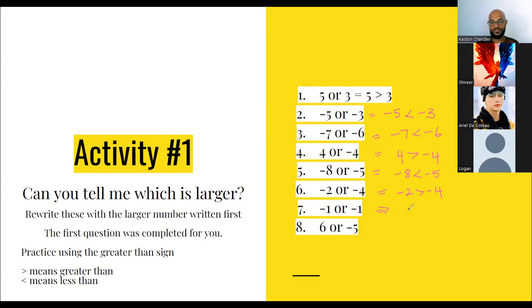Very good. And what about 6 or -5? 6 is greater than. Excellent, very good. So you'll have the hang of it. Good job. All right, so just double check your answers. If you need to make any corrections, you can take it off of the screen now.